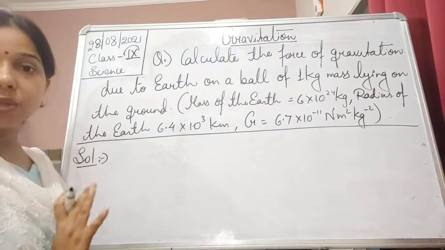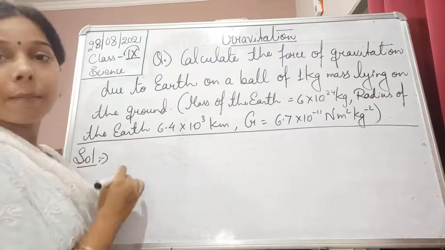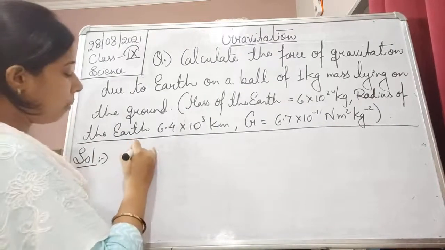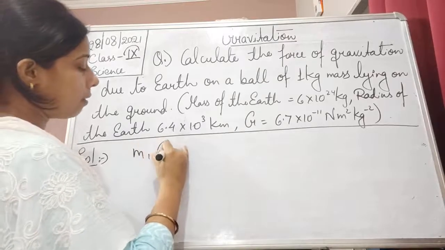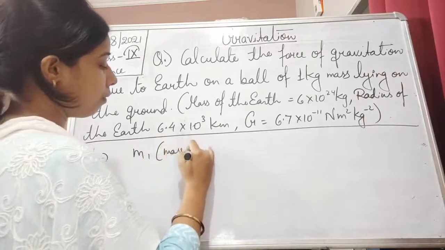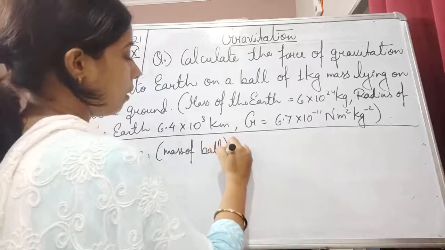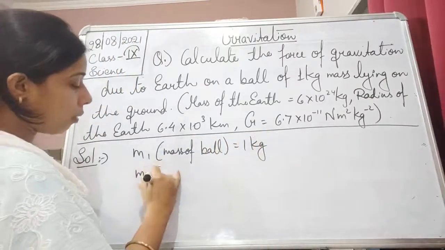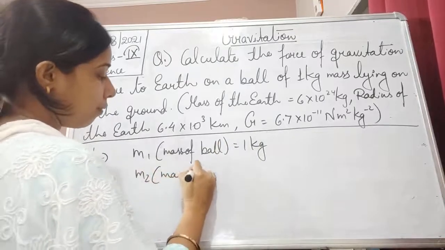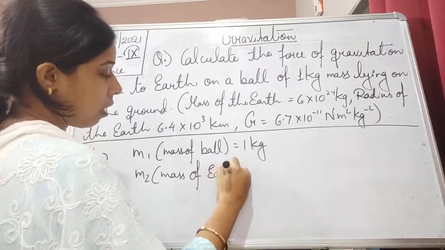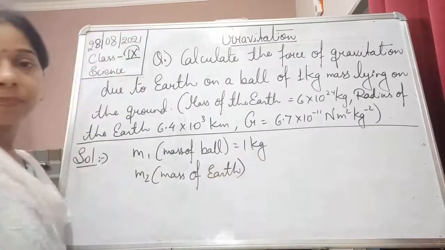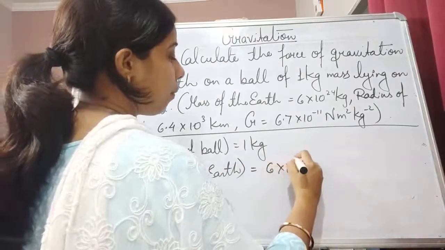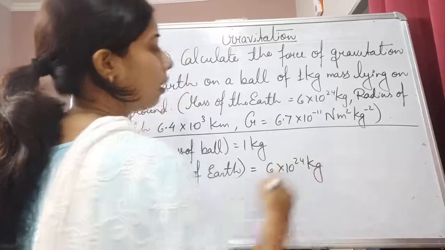Here, what are the things which are given? The mass of the object, if we represent it by m1, so m1 is given, that is the mass of the ball, and it is equal to 1 kg. Then m2 is given, which is the mass of the earth, and that is equal to 6 into 10 to the power 24 kg.